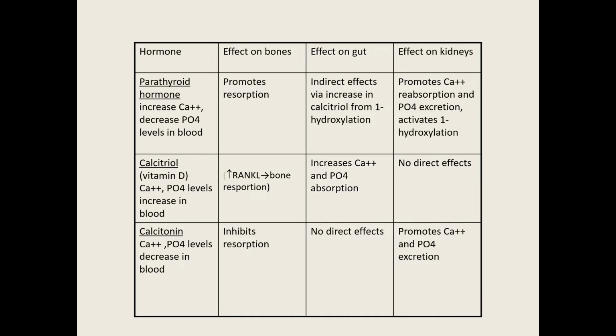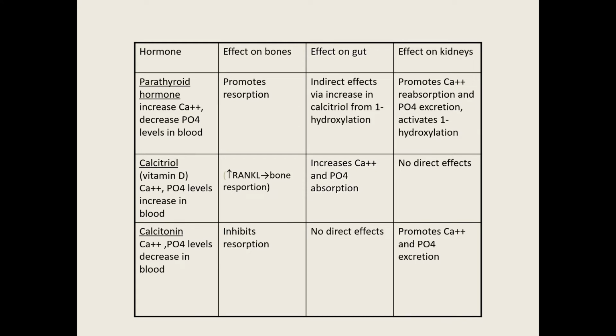Parathyroid hormone acts on the bone by the resorption process, and in the gut it indirectly affects by the increase in the calcitriol level, and in the kidney it will promote calcium reabsorption and phosphate excretion. Similarly calcitriol will increase both the calcium and phosphate level in the blood through RANK-mediated increase in bone resorption, and in the gut it will increase calcium and phosphate absorption, and it has no direct effect on the kidneys.